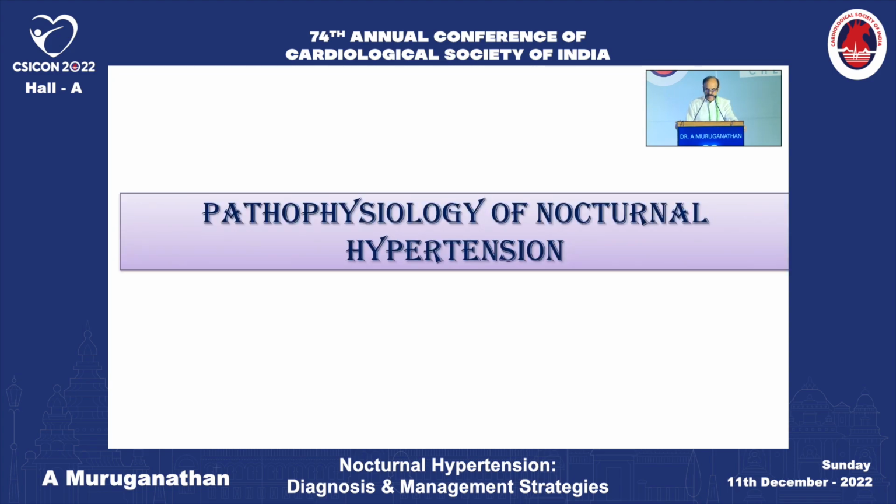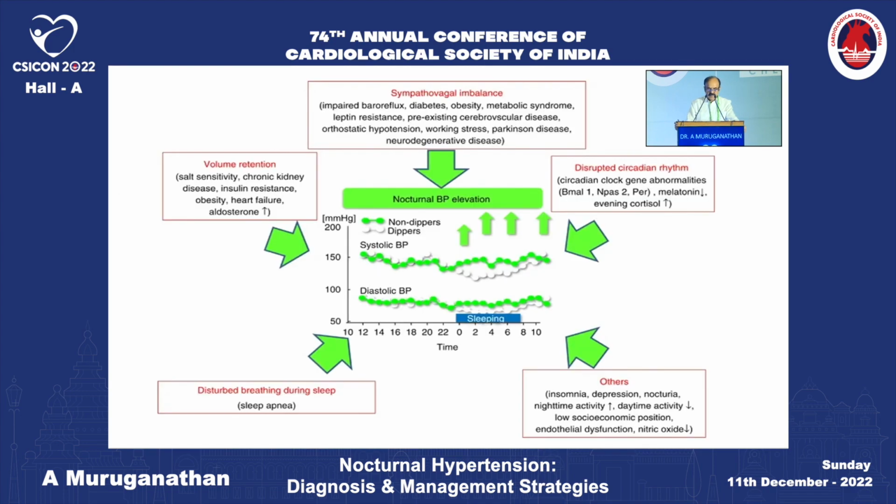Now the pathophysiology of nocturnal hypertension. The sympathovagal imbalance due to impaired baroreflex, diabetes, obesity, metabolic syndrome, leptin resistance, pre-existing cerebrovascular disease, orthostatic hypotension, working stress, Parkinson's disease, neurodegenerative disease.